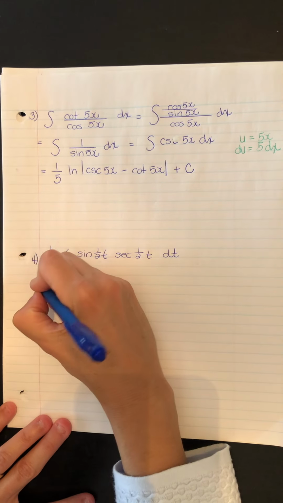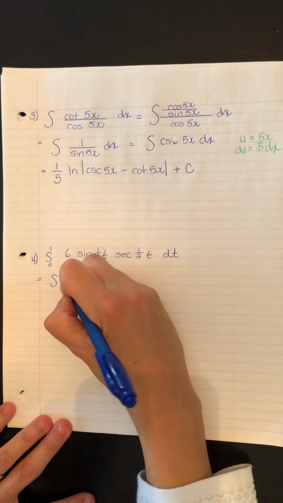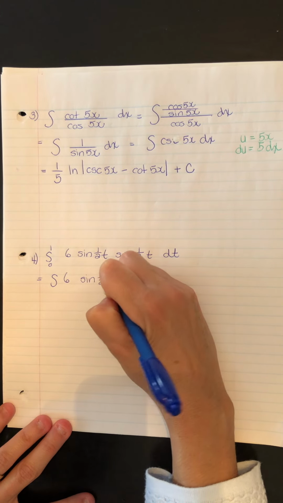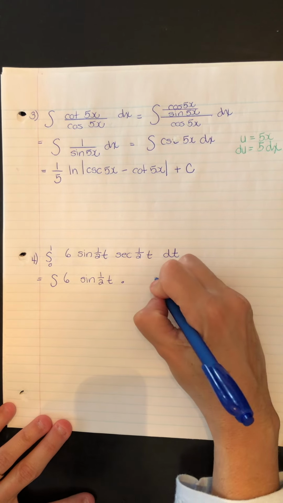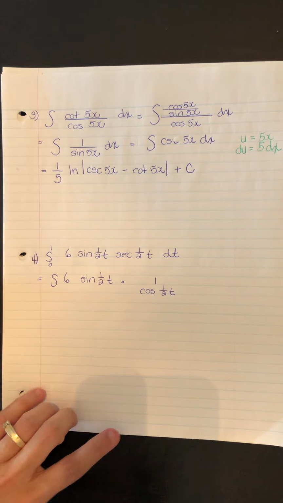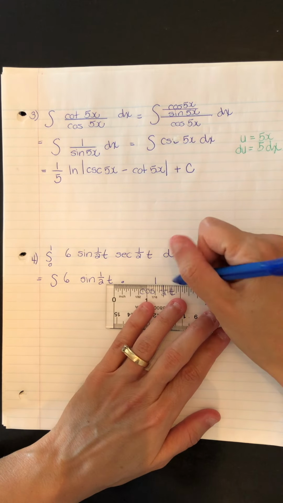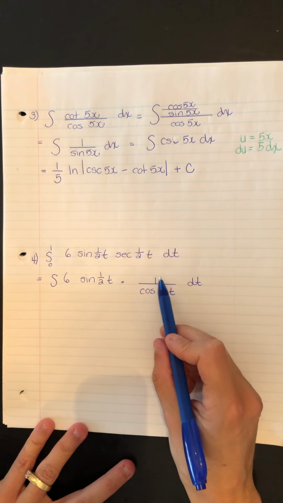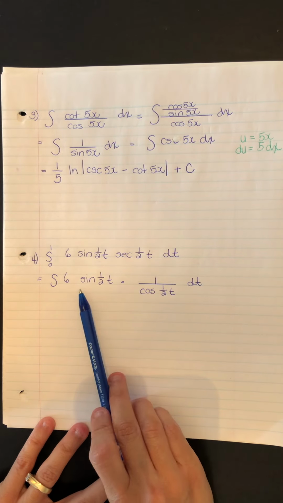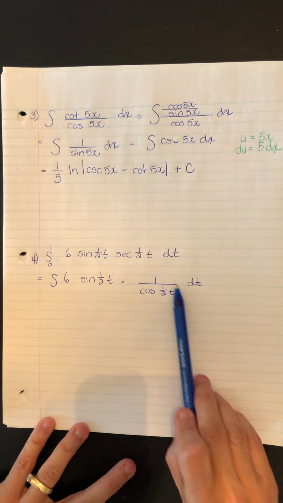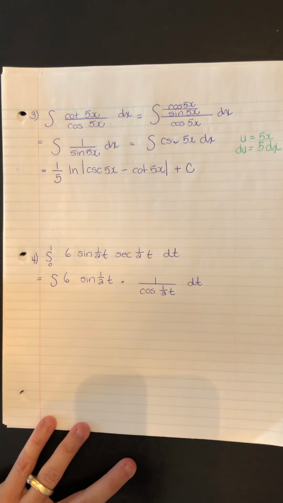So I could start by changing this into sine times 1 over cosine. In that step, all I did was replace secant with 1 over cosine. But now we have sine multiplied by 1 over cosine, and that is the same as sine over cosine. And sine over cosine is tangent.